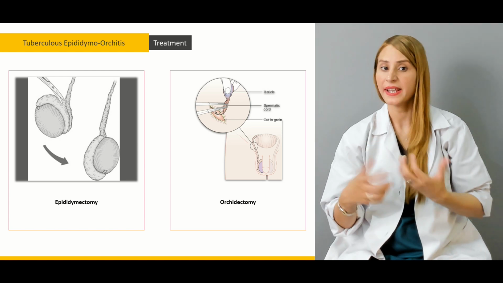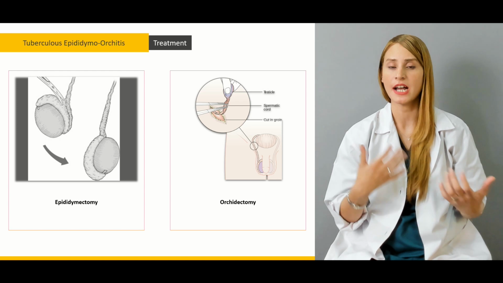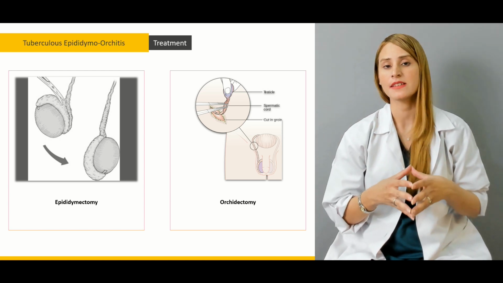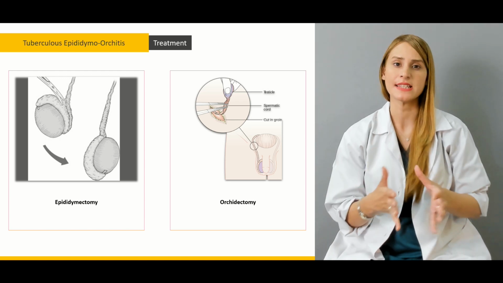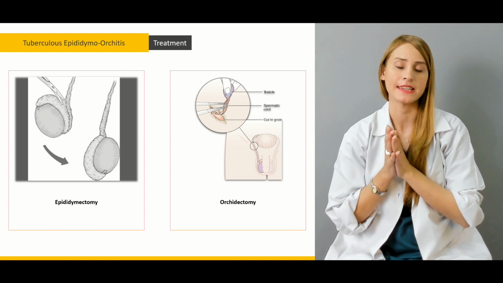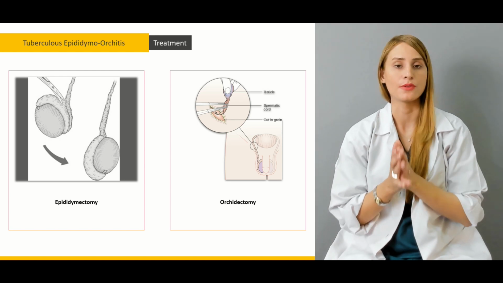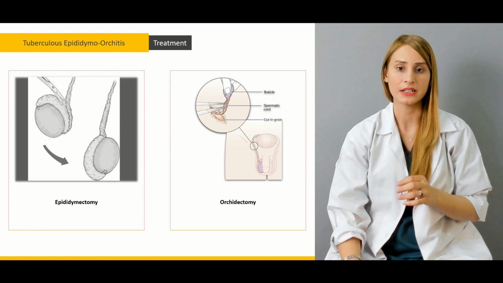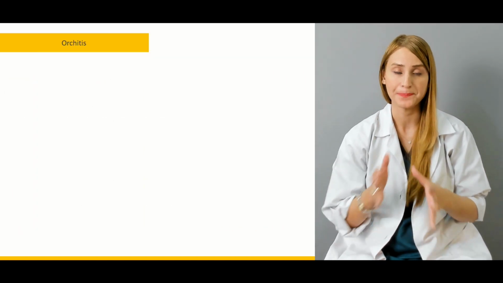Because in case of the tuberculous epididymal-orchitis, the chronic inflammatory process will obviously lead to extensive fibrosis, causing the testicular atrophy, and obviously at the end there would be infertility, and because of that you have to go for the epididymectomy or orchidectomy.